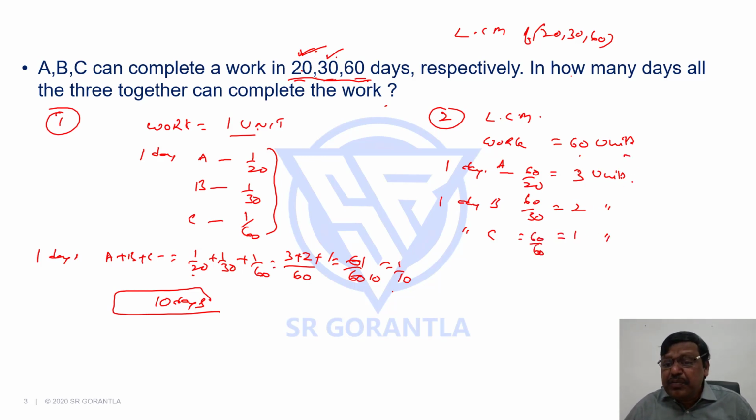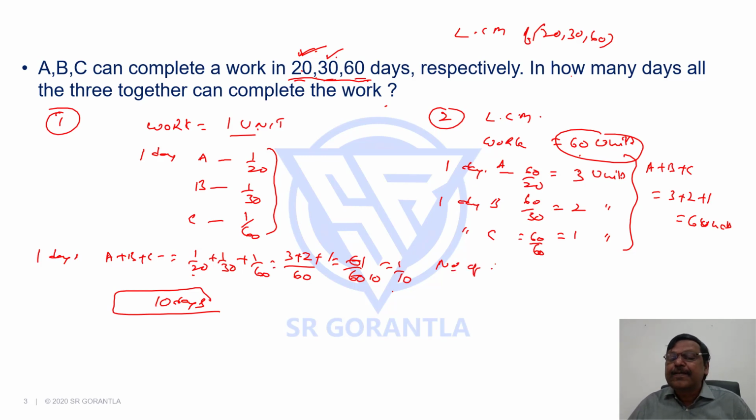So if all three are working, in one day they will do 3 plus 2 plus 1, 6 units of work. But total work is 60 units, so the number of days required is 60 by 6, that is 10 days. We got the same answer.